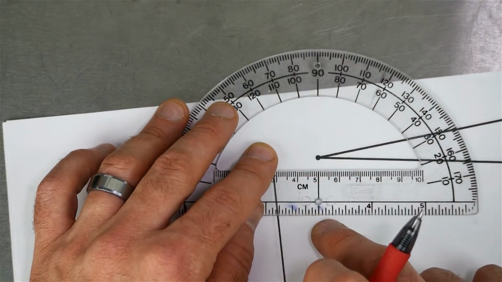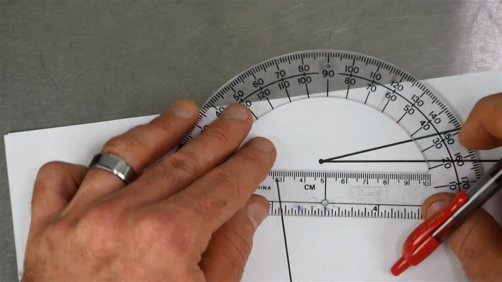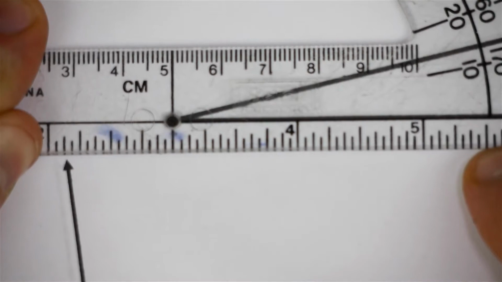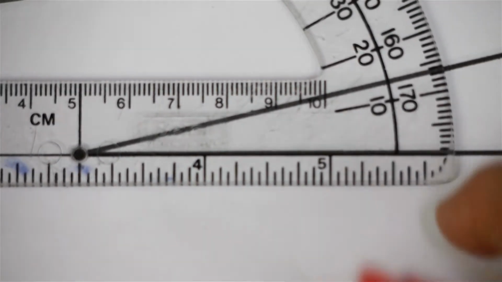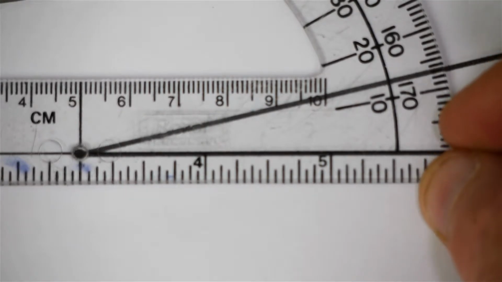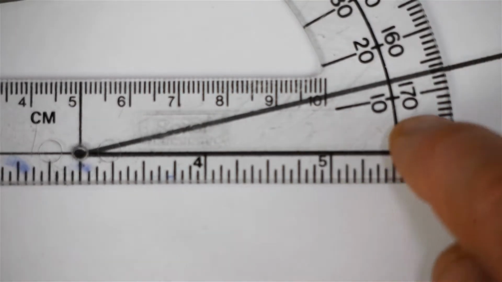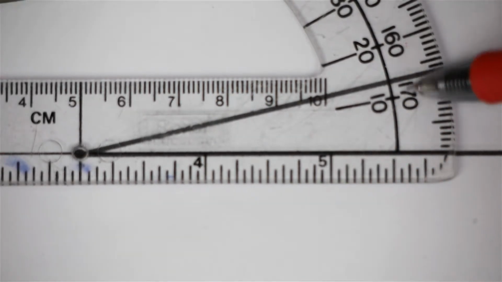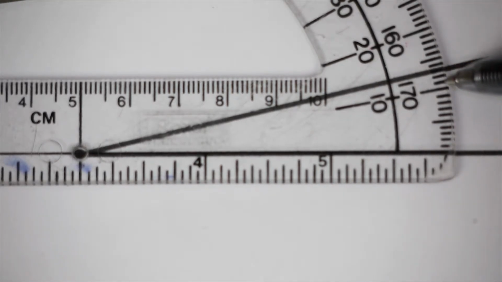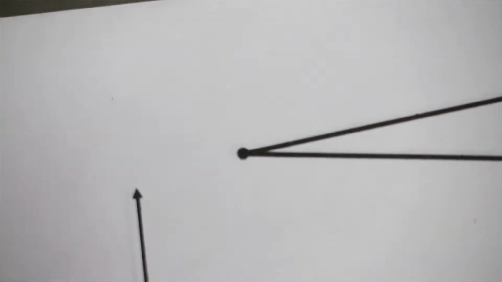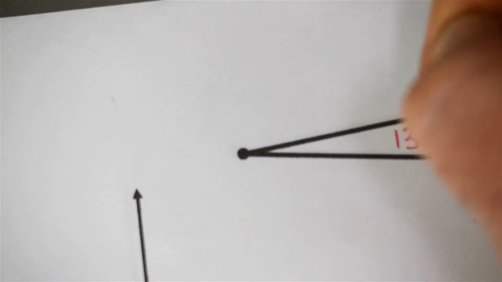We're going to go dot to dot and line to line. Now this is definitely an acute angle. Forgot to say that, but it's definitely acute. It's less than 90. Okay, and so it's definitely not the 160 to 170, it's between 10 and 20. So it's 10, 11, 12, about 13 degrees.